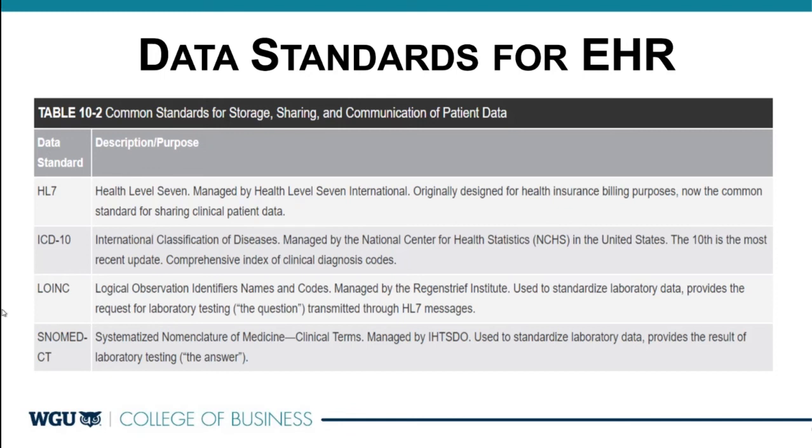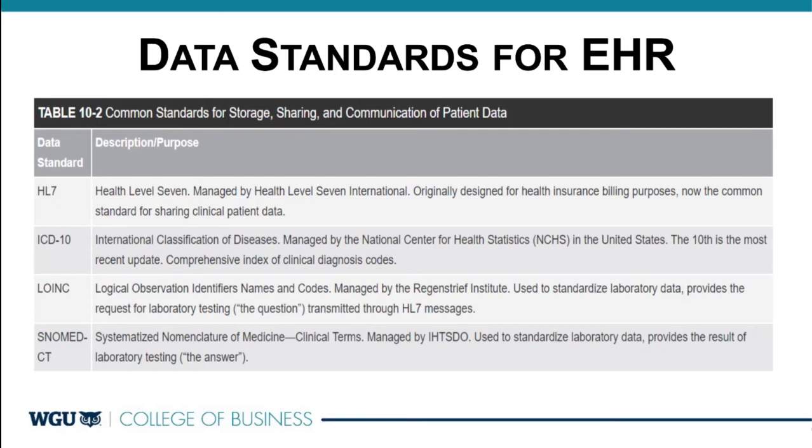These are the four most common that you will see: the HL7, the Health Level 7, the ICD-10, the LOINC codes, logical observation identifiers, names and codes, and SNOMED, the systematized nomenclature of medicine. Okay, HL7 is an international organization.